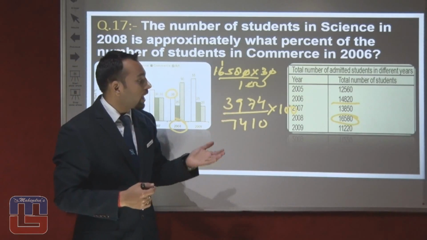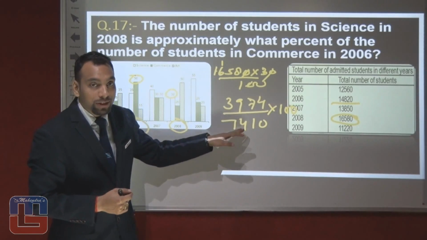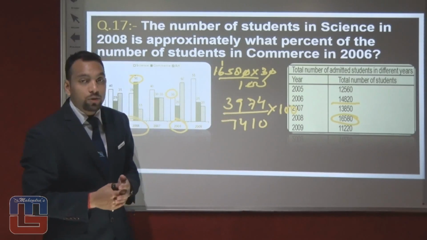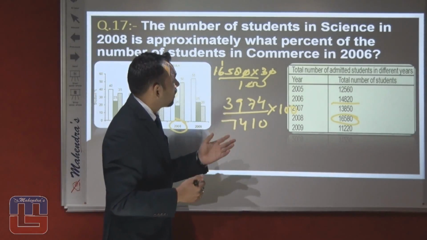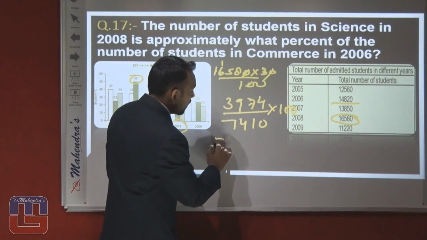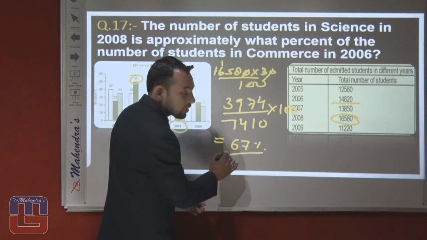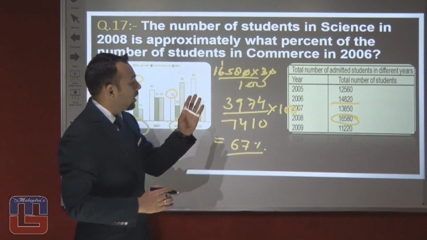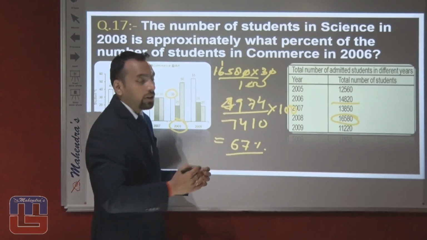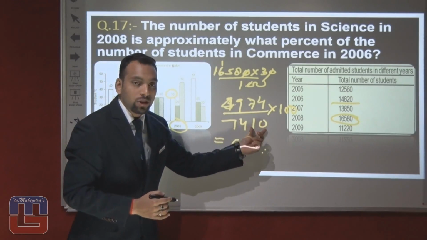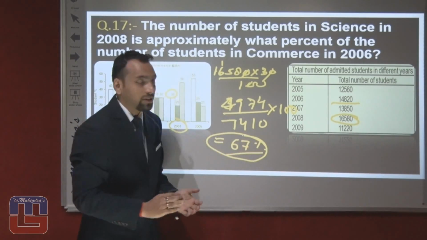Assume this one will be 50, near about 50, and this is 70. Or you can say, if you will divide this one by this one, directly you will get 67%. So the trick of this question is, here something is wrong, here 49 will come, right? So 4974 divided by 7410, so here you will get 67%.